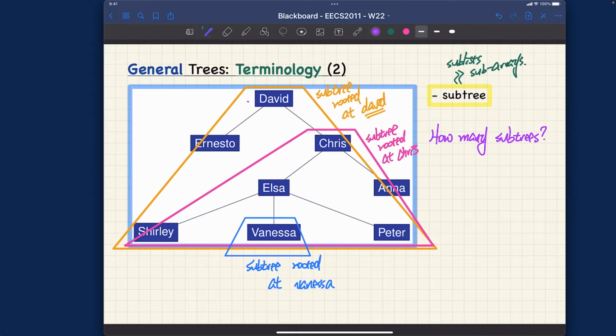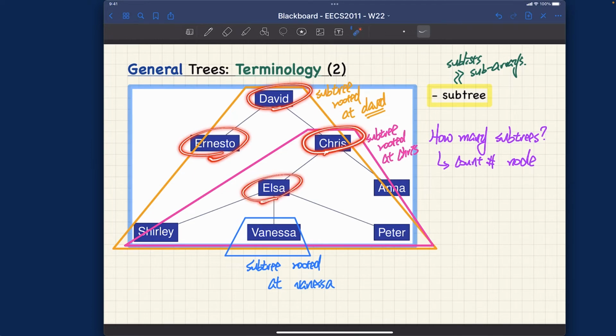Alrighty, assuming you thought about it, without telling you the answer right away, the way to calculate how many subtrees is just to count the number of nodes, because each node can be the root of a particular subtree. There can be one subtree rooted at David, one rooted here, one rooted here, 1, 1, and 1. 1, 2, 3, 4, 5, 6, 7, 8.